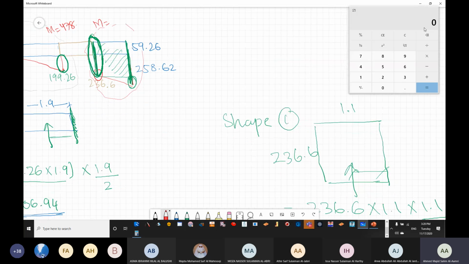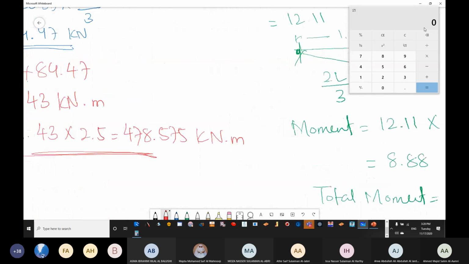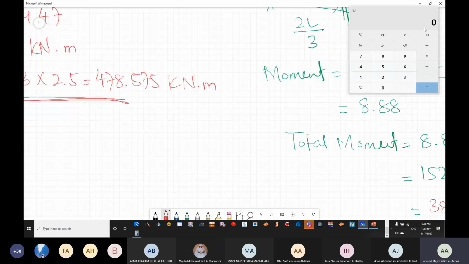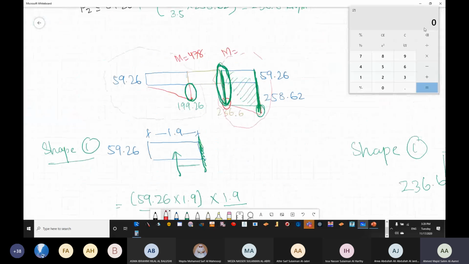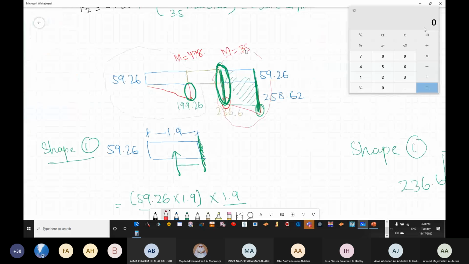The pressure diagram is different from the bending moment diagram. Is equal to how much? 380. Now which one is higher of the two? The higher value is M.